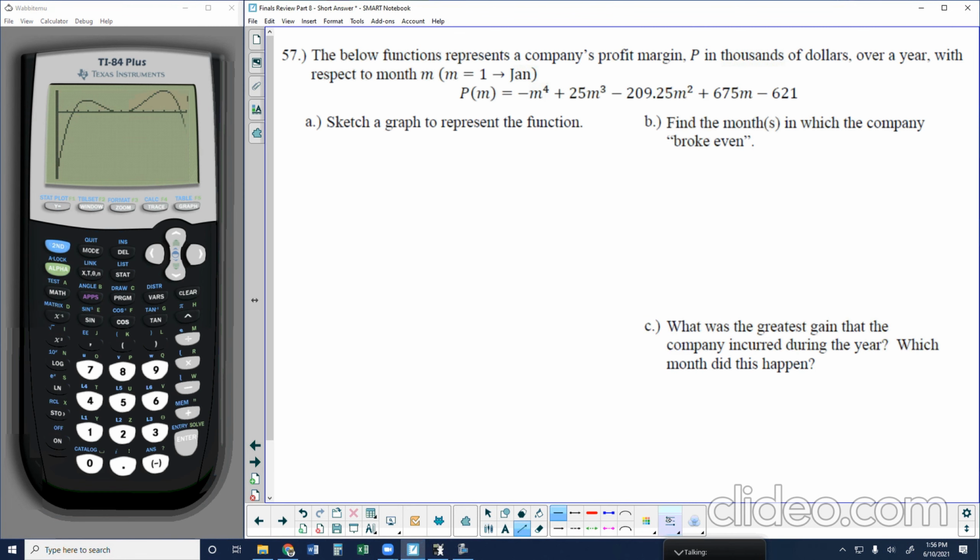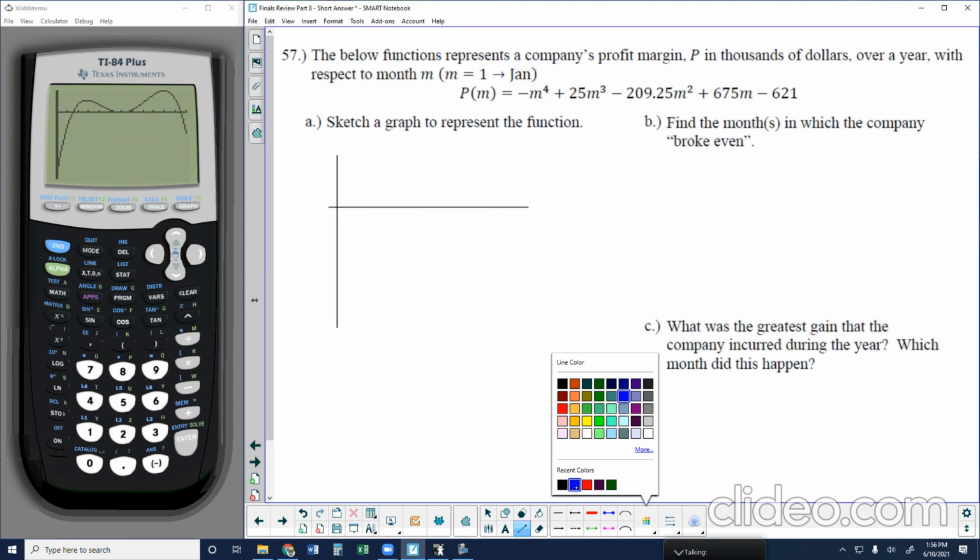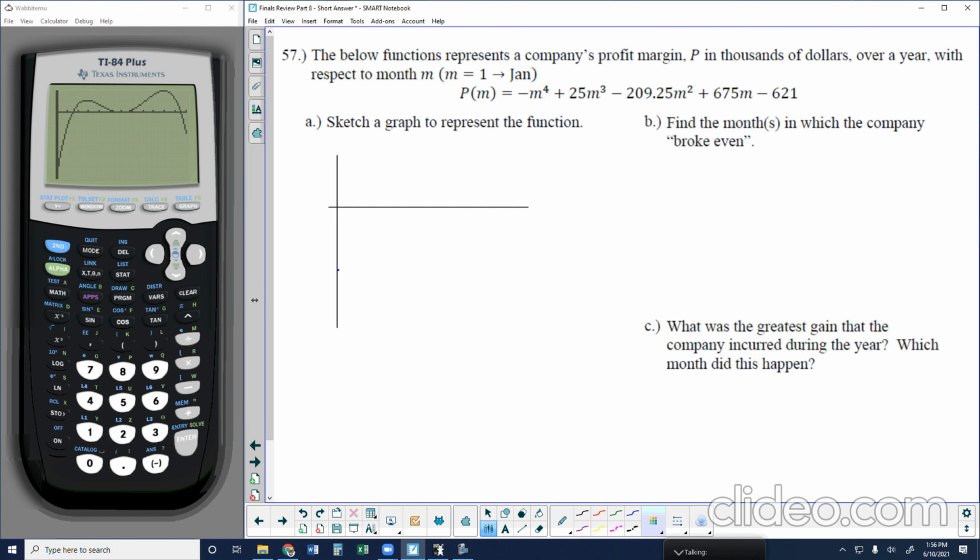And so I'm going to start with my axes, and I will give some labels for this here in a second, but we're going to start by drawing some axes, and then we can sketch out the general curve that we see here. So let's get to the pen. And it will look something along the lines of this.